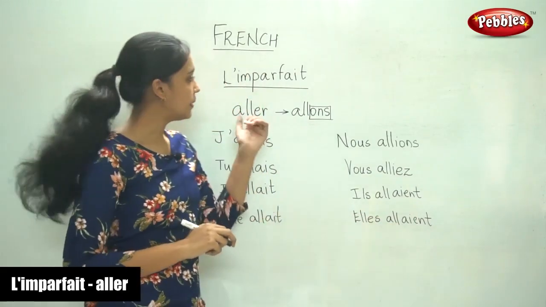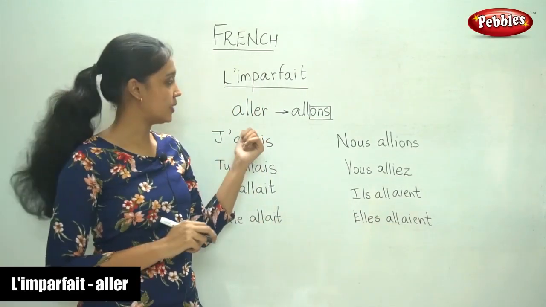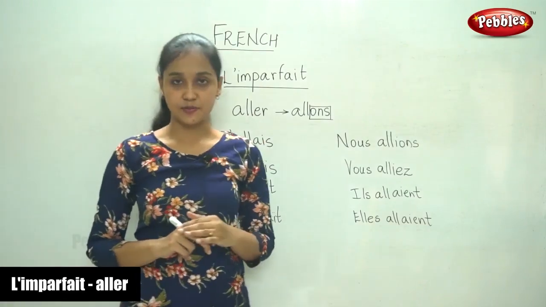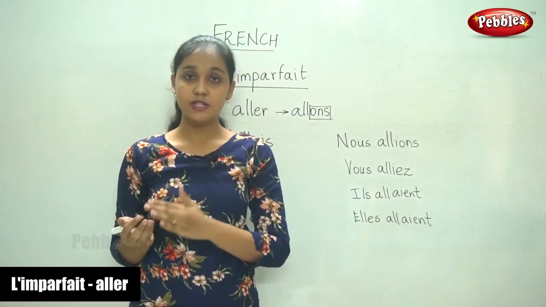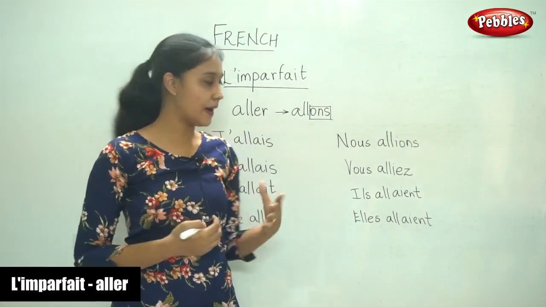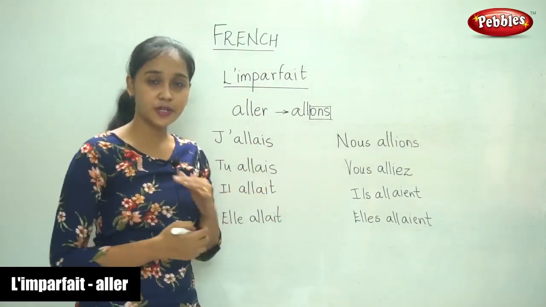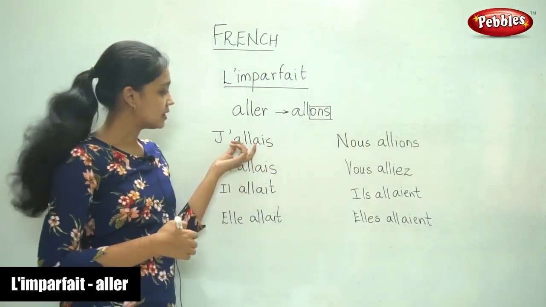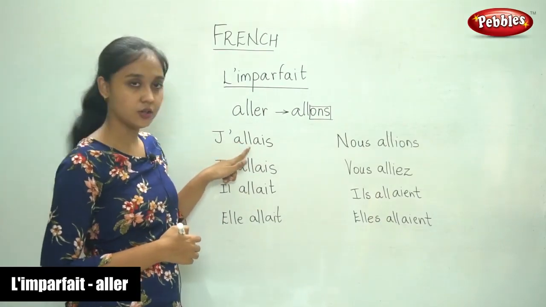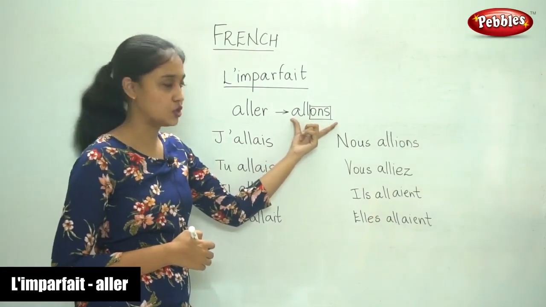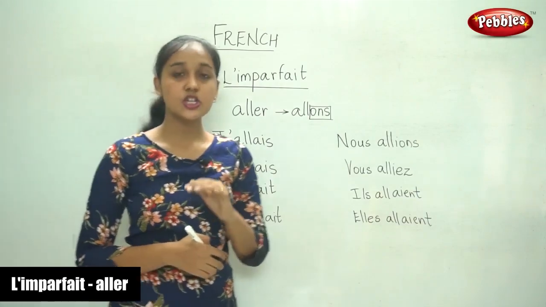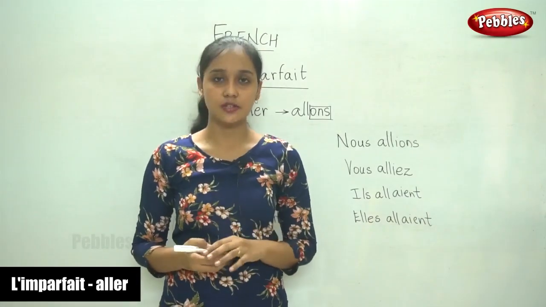So now l'imparfait also has certain exceptions, that is, certain verbs which do not follow the normal pattern. Here the endings would be the same, whereas the beginning, we do not write the nous conjugation for some of the verbs. So let us see what those verbs are.